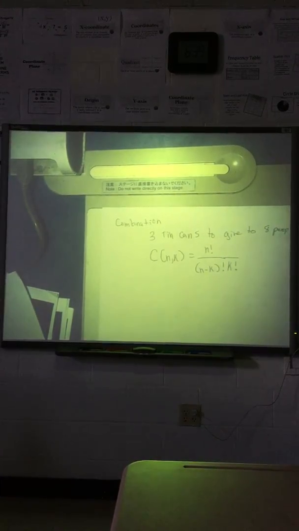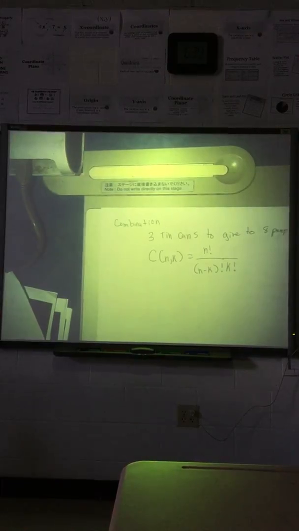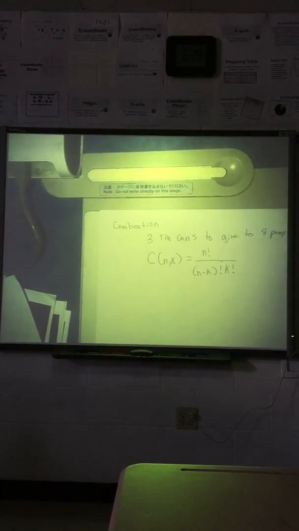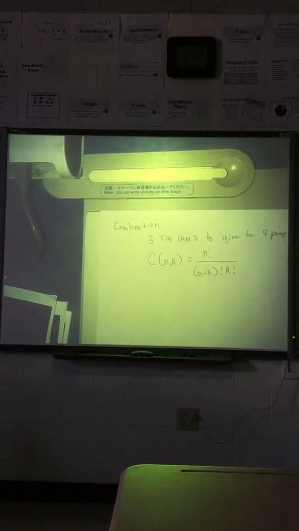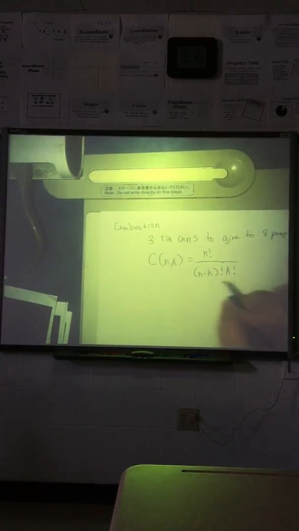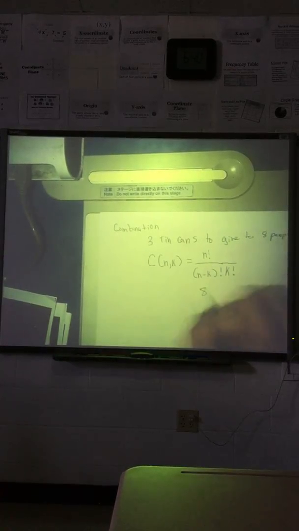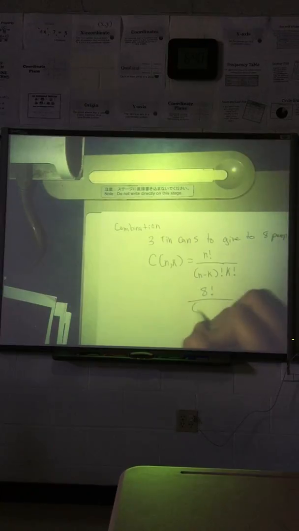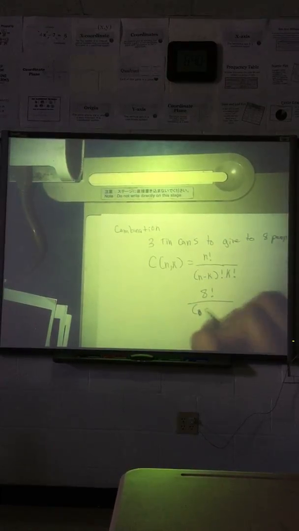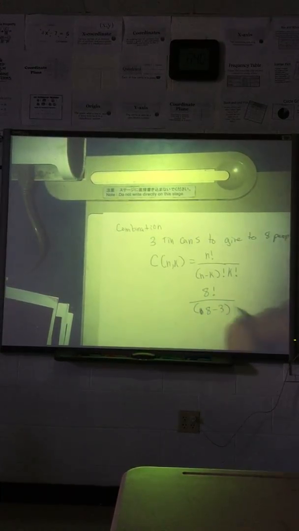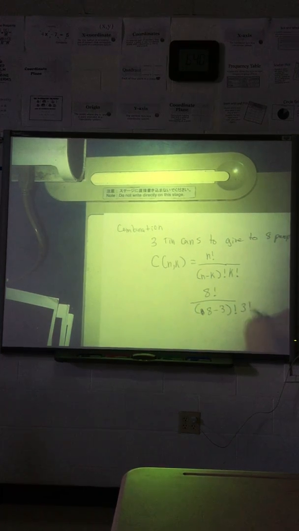So from there, we would plug in 8 factorial over 8 minus 3 factorial times 3 factorial.